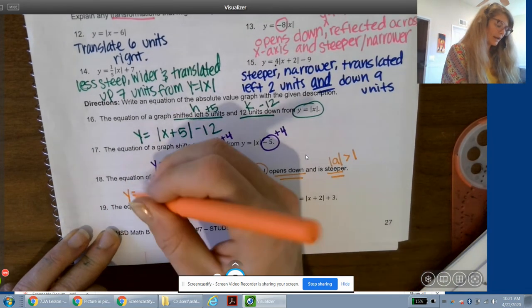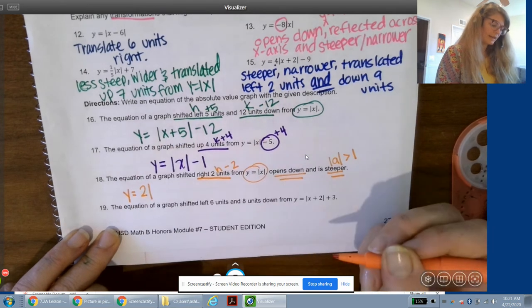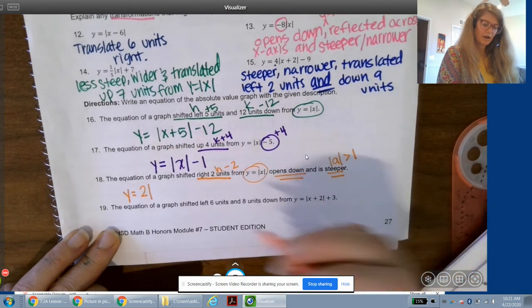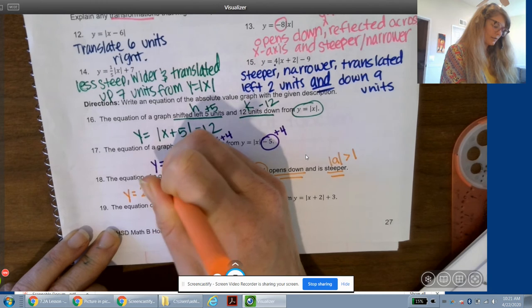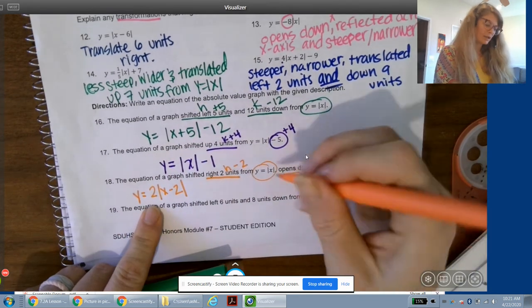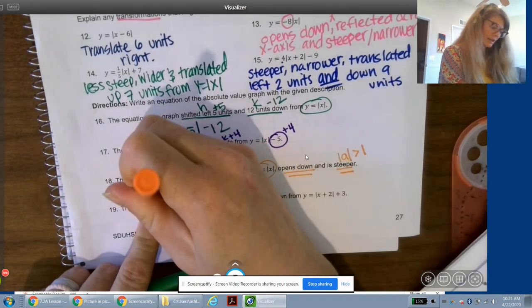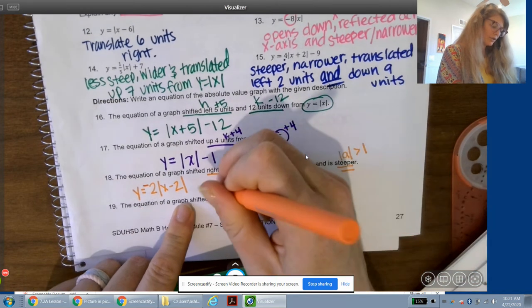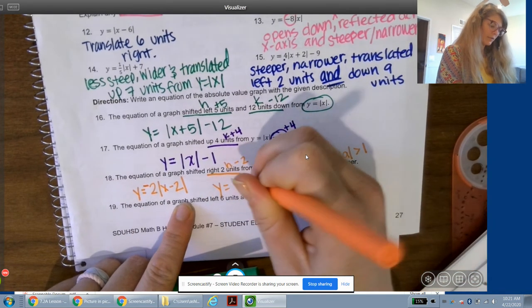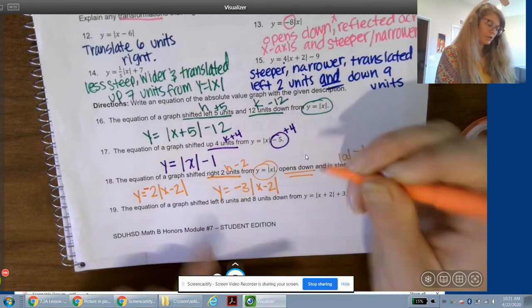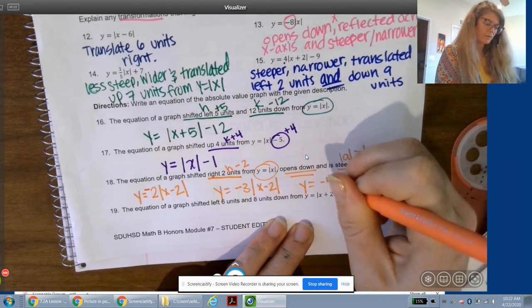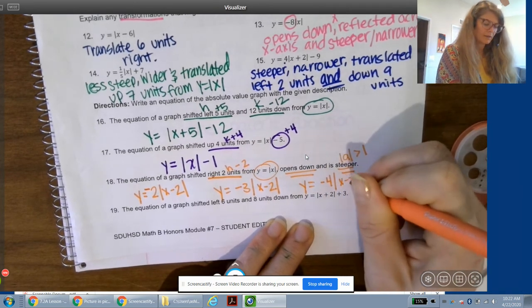You can say Y equals 2, and on the inside, the absolute value of X minus 2. So this value, it needs to open down, you guys. So it has to also be negative, opens down. So you can have Y equals negative 3, absolute value of X minus 2. Y equals negative 4, absolute value of X minus 2.